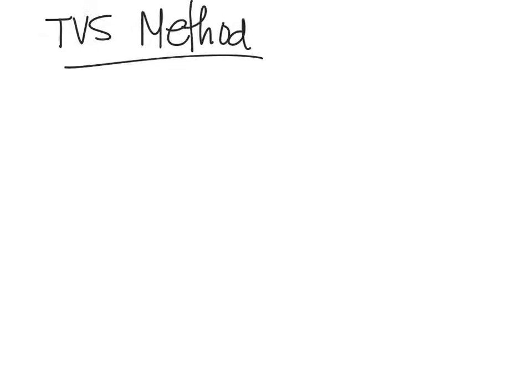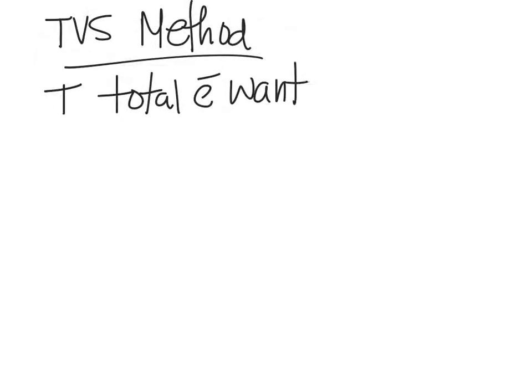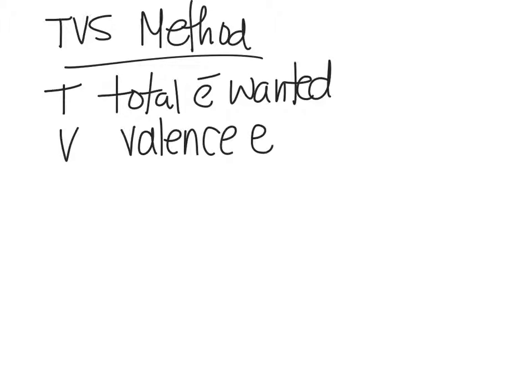T stands for total electrons wanted. So each atom has this many electrons around it when it's full. V is the valence electrons brought by each atom, and S is the electrons that are shared between atoms in bonds.